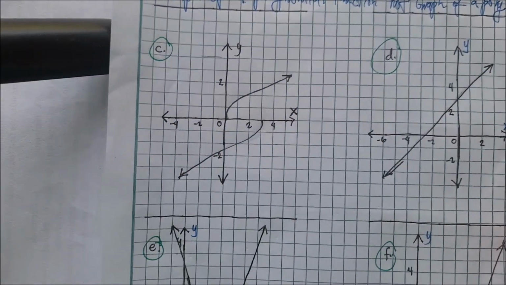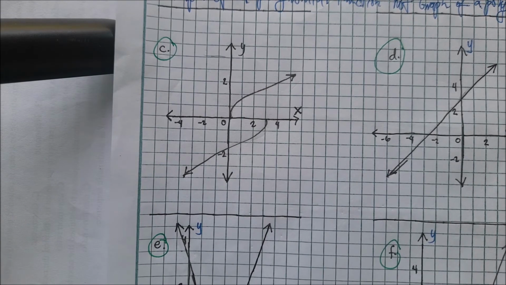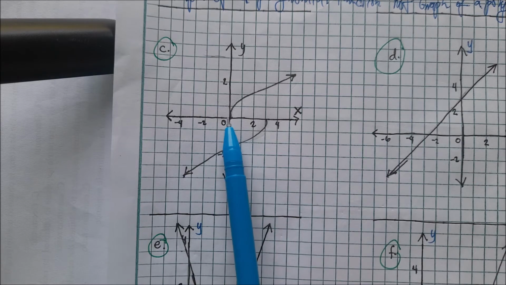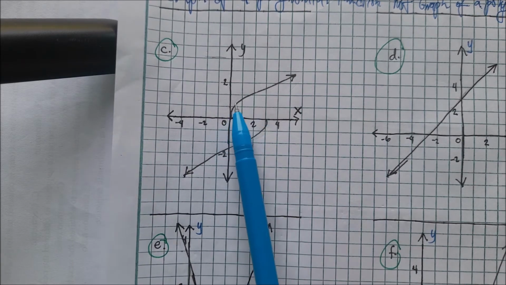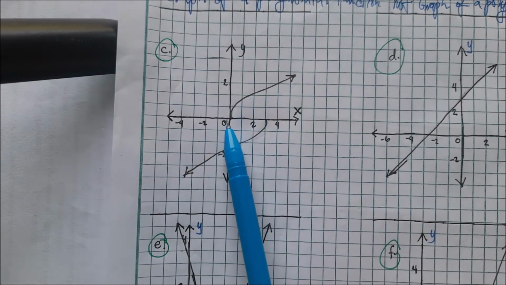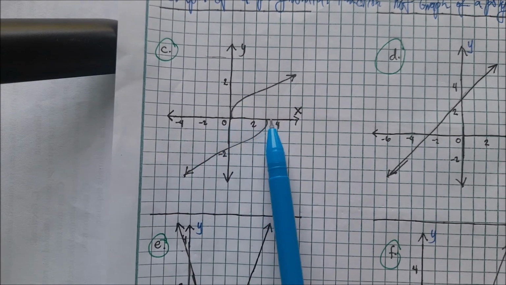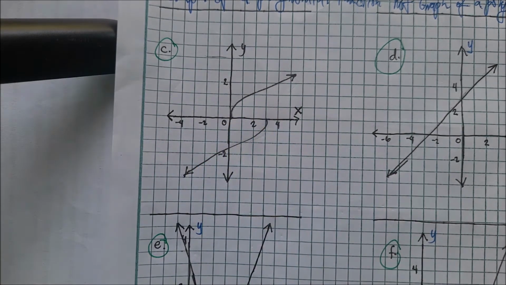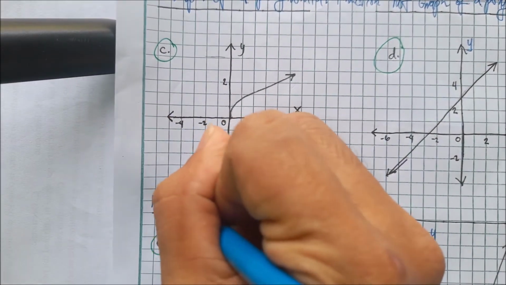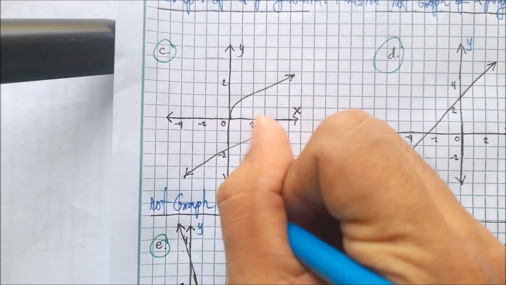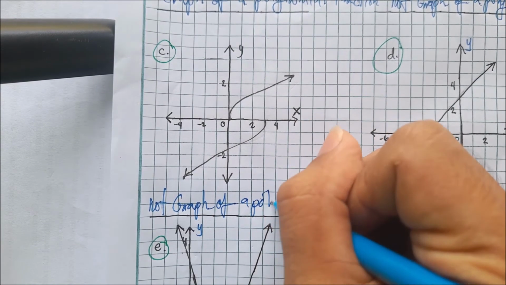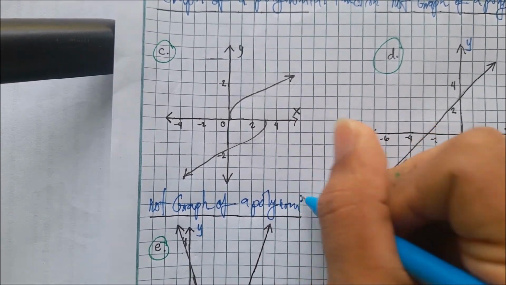How about letter C? What have you observed? From letter C, there is a gap from the first ray and the second, there is a gap in the graph. So it's called not a graph of a polynomial function.